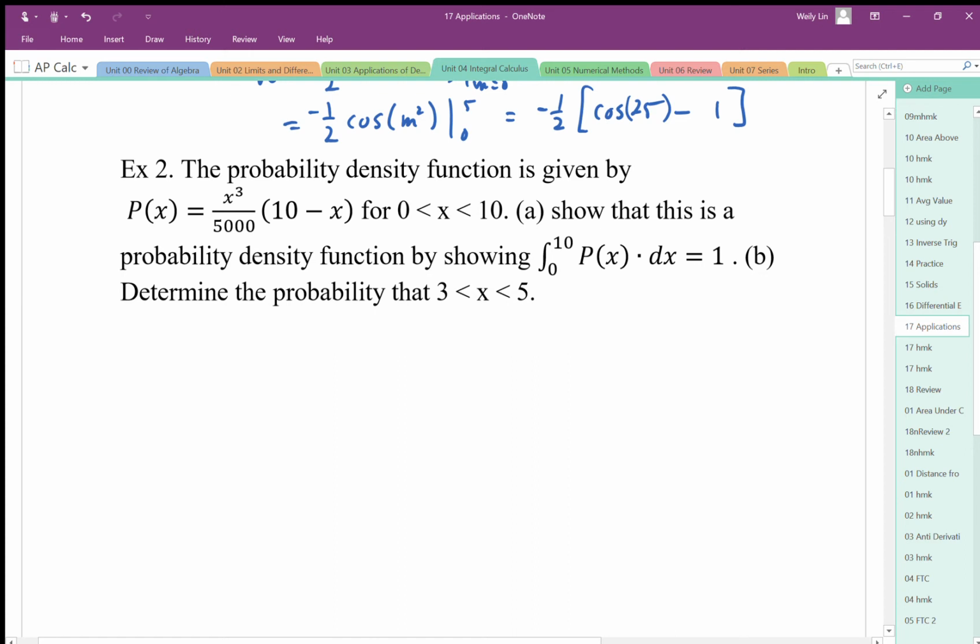So I'll grab my graphing calculator here. My equation is x cubed divided by 5,000 times 10 minus x. If I take a look at this function, it's from 0 to 10.